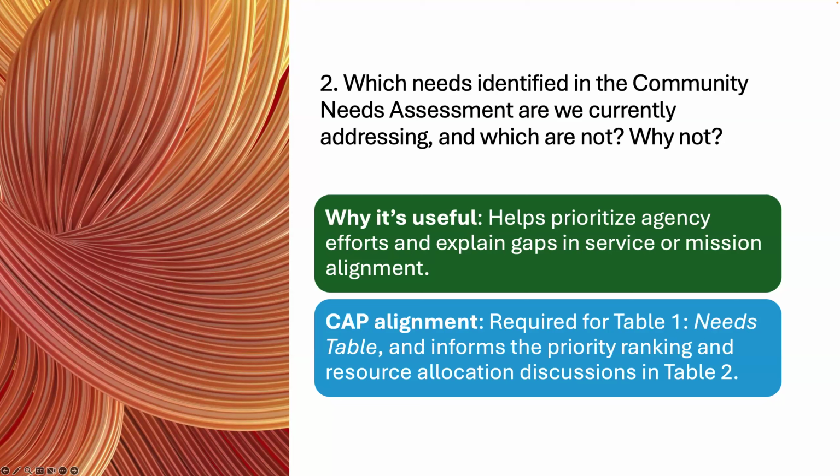This is applicable to table 1 in your CAP plan, the needs table, and that also informs the resource allocation discussion in table 2. So it very much helps with prioritization.